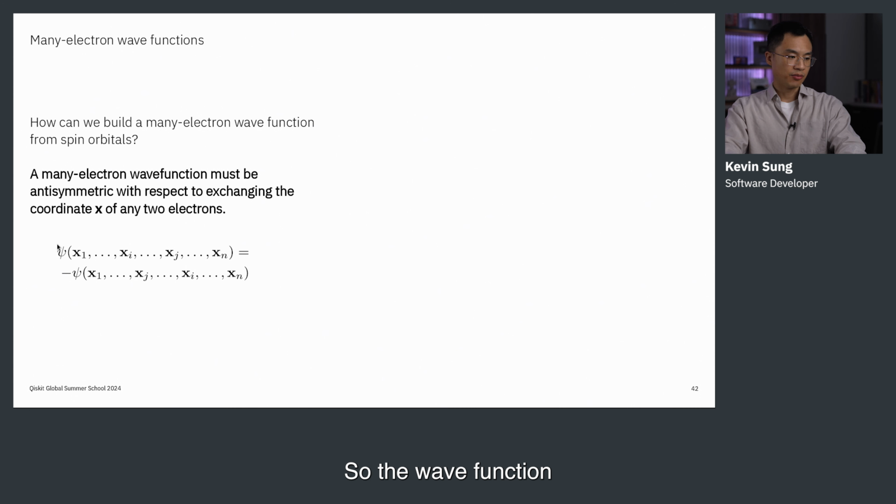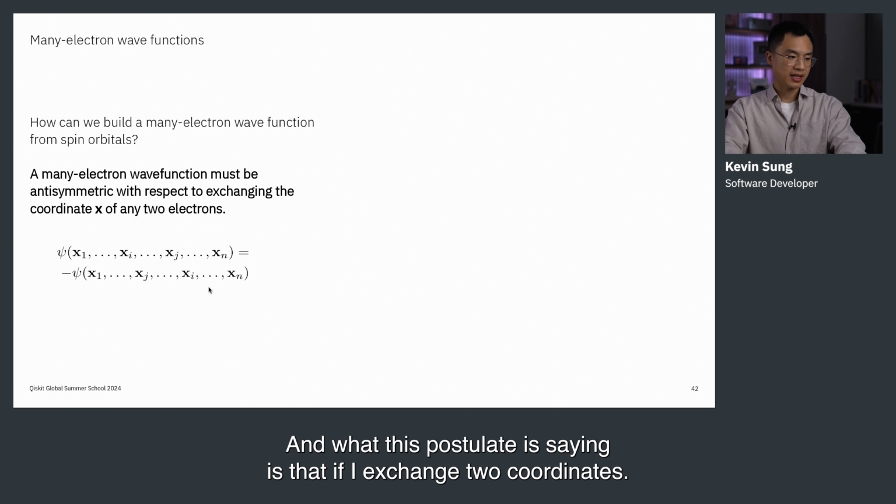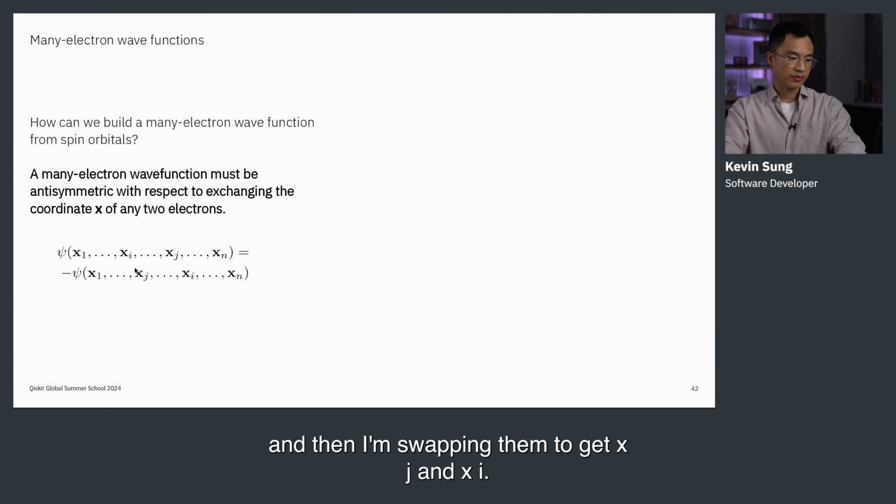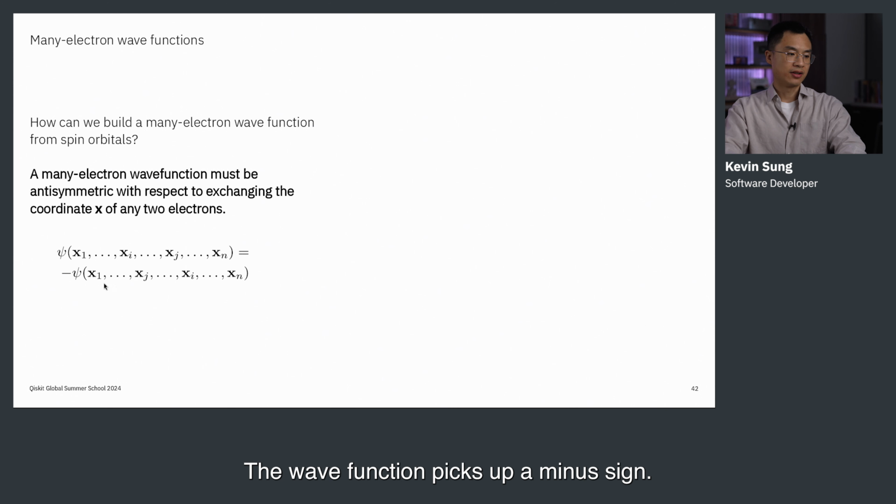The wave function is a function of the electronic coordinates, and this postulate says that if I exchange two coordinates, taking xi and xj and swapping them to get xj and xi, the wave function picks up a minus sign.